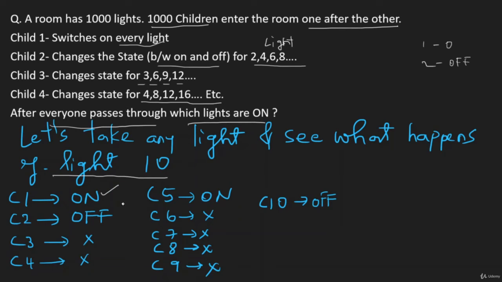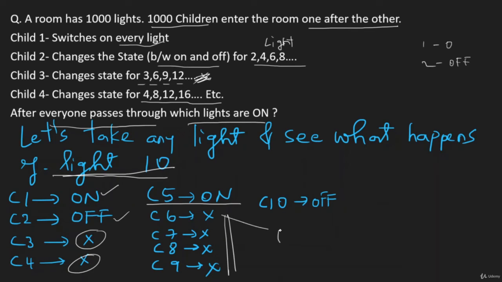So this is what will happen with light 10. Child 1 switches it on. Child 2 switches it off because it is part of this series. Child 3 and child 4 do not touch it because it's not part of 3, 6, 9, 12, and 10 does not come in the 4 series either. Child 5 will switch it on because it's there in the series. Children 6, 7, 8 and 9 will not touch it, because 10 is not in their series.